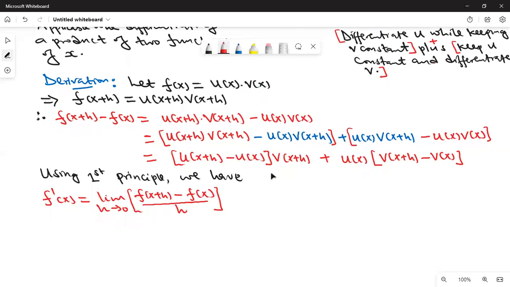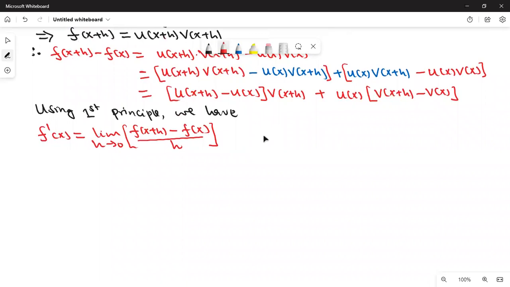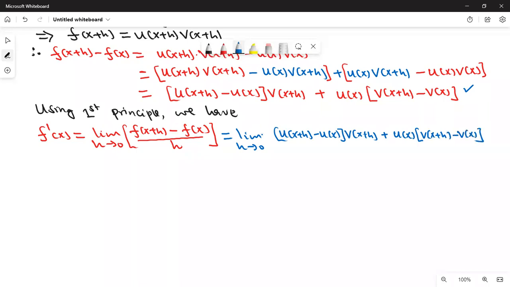We have found the whole of the numerator, so that's what I'll substitute. So that is limit as h approaches 0 of u of x plus h minus u of x, times v of x plus h, then plus u of x into v of x plus h minus v of x. The whole of this should be divided by h.